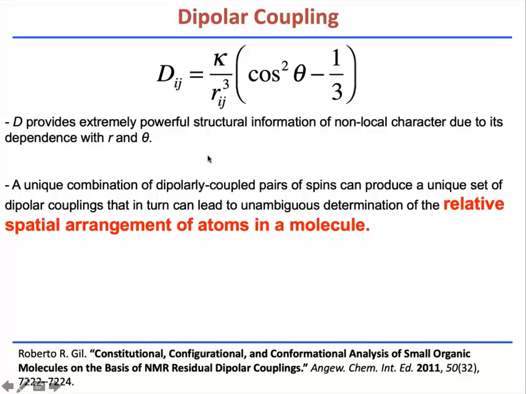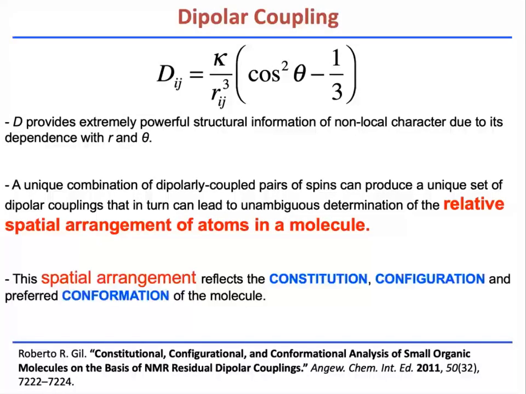And if we have a unique combination of dipolarly coupled pairs of spins, they can produce a unique set of dipolar couplings that in turn can lead to the unambiguous determination of the relative spatial arrangement of all the atoms in the molecule. This spatial arrangement reflects the constitution, the configuration, and the preferred conformation of the molecule.